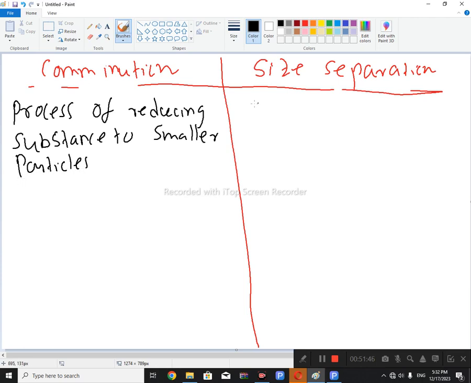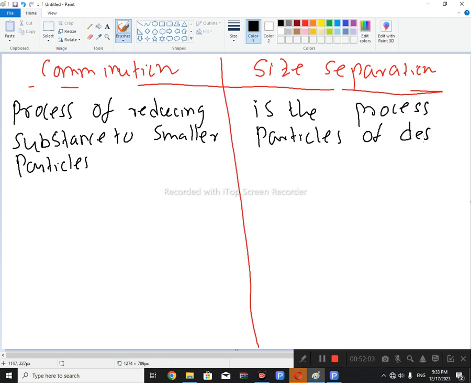Size separation is the process where particles of desired size are separated from other fractions.